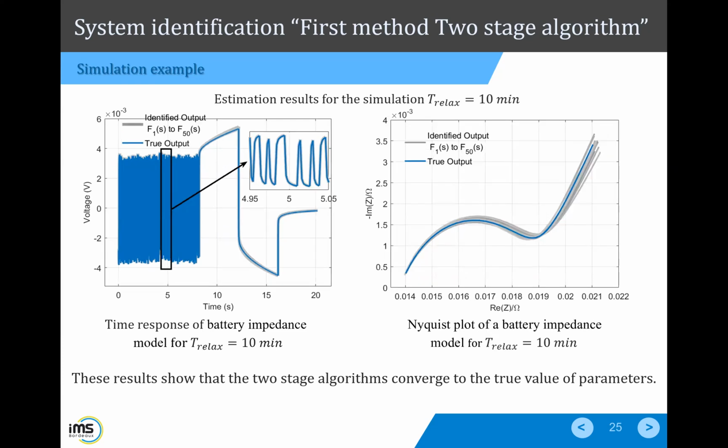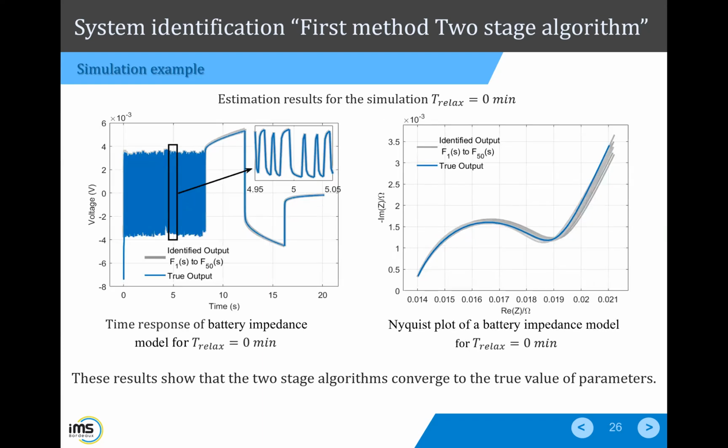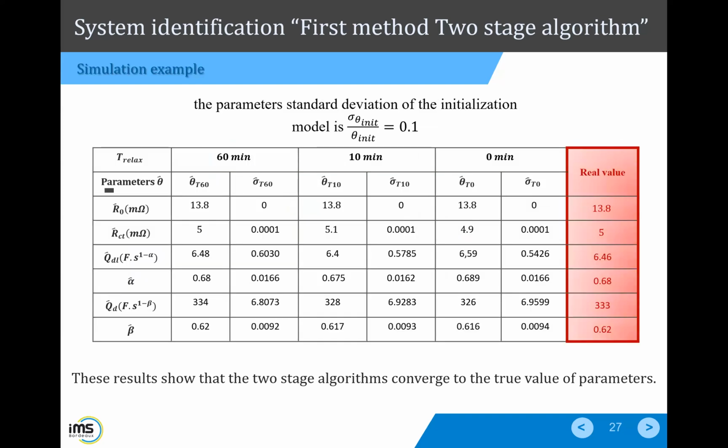We had the same results for the other relaxation times, 10 and 0 minutes, with a little difference between them, and the results we obtained are shown in this table. As you can see, the two-stage algorithm converges to the true values of the parameters.